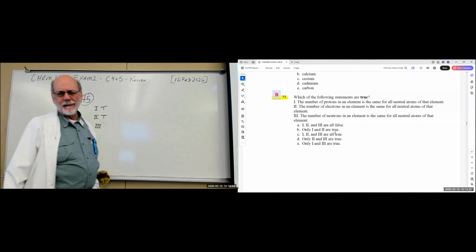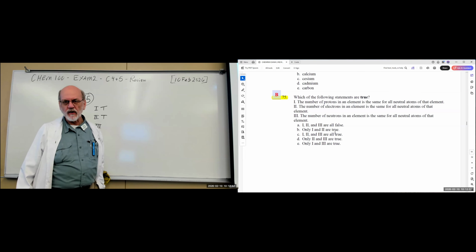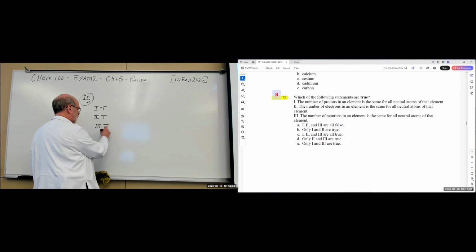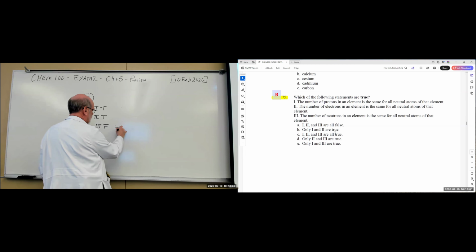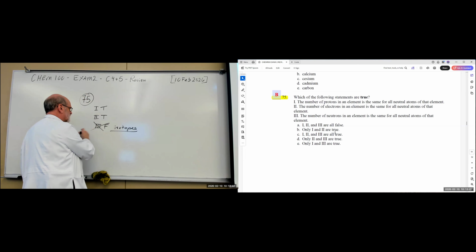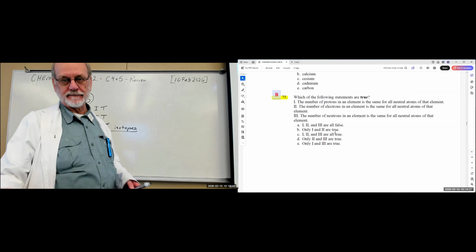Number 3, the number of neutrons in an element is the same for all neutral atoms of that element. Nope. Why? Isotopes. So that one's out. And we only have 1 and 2. That's B.